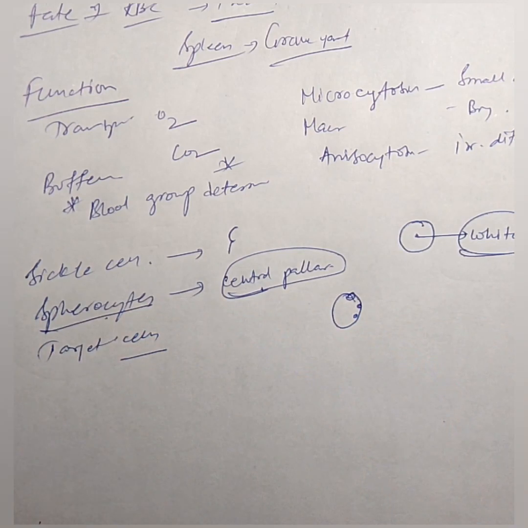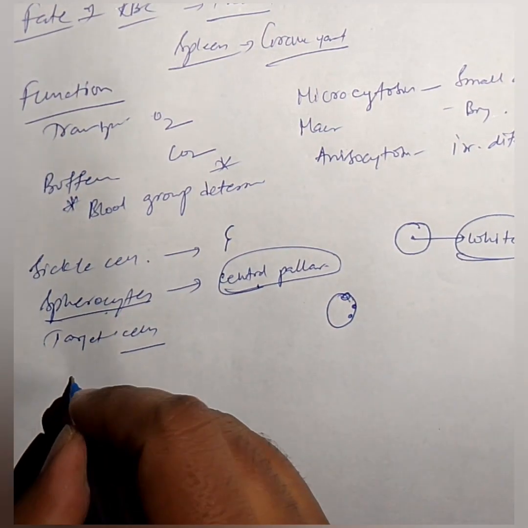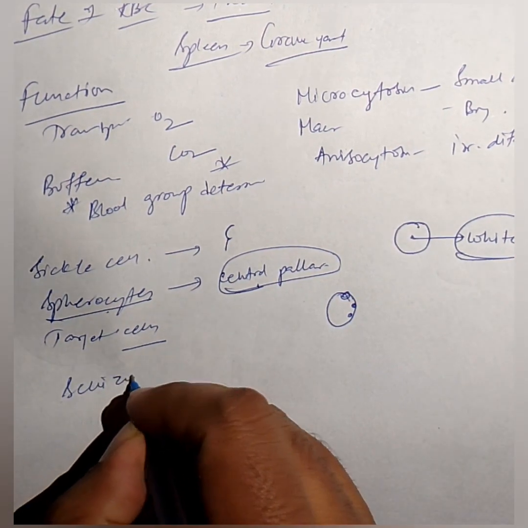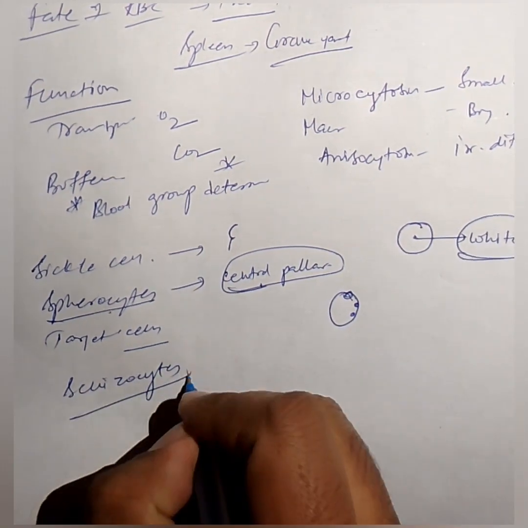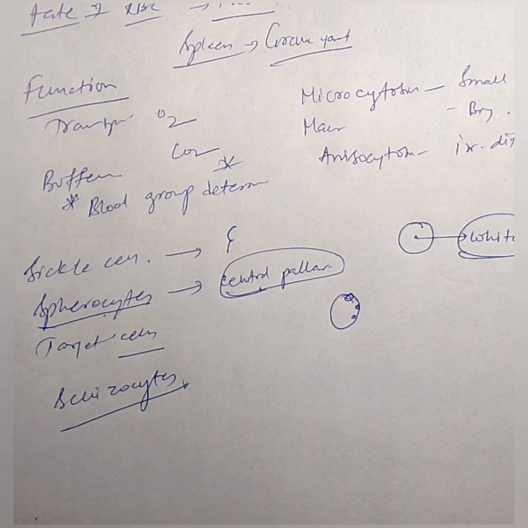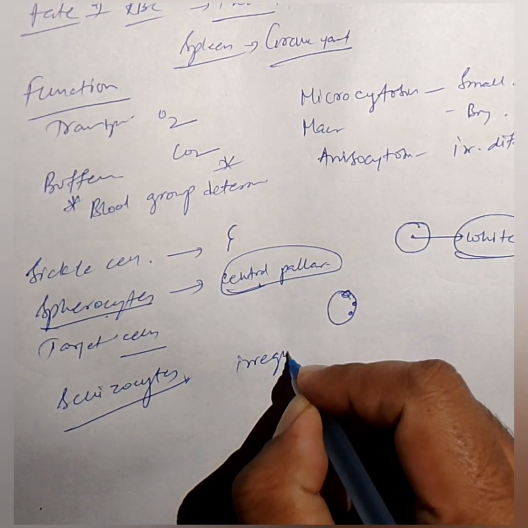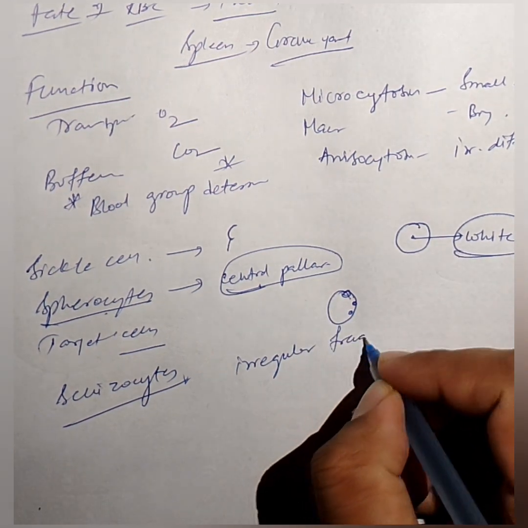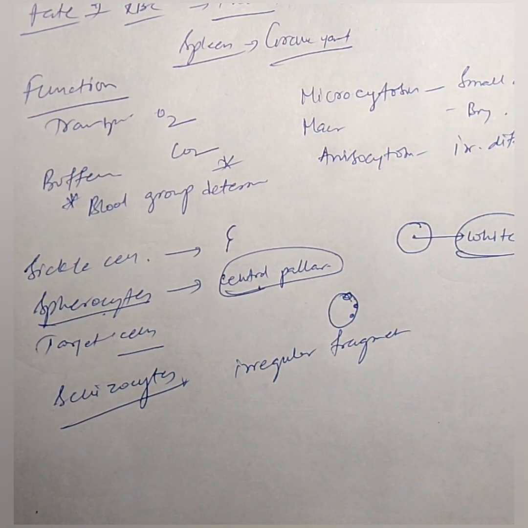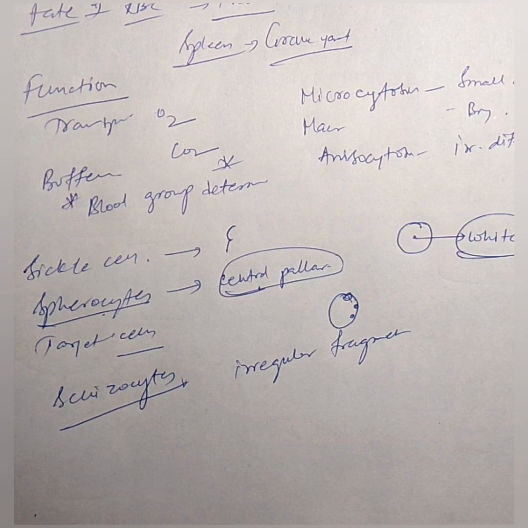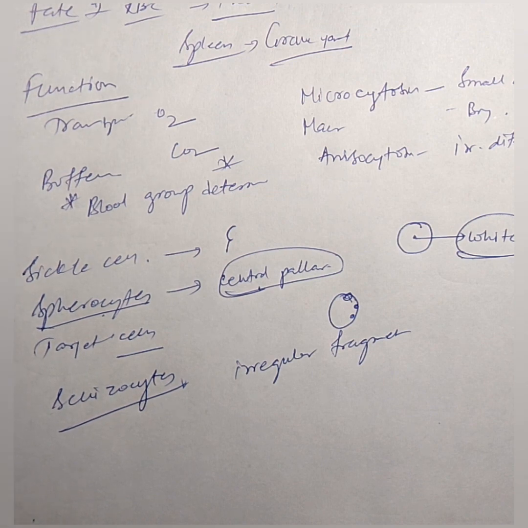Next, schizocytes. In this condition, we can see irregular fragmentation of cells. Irregular fragmentation of cells is called schizocytes. And coming to the last one, burr cells.